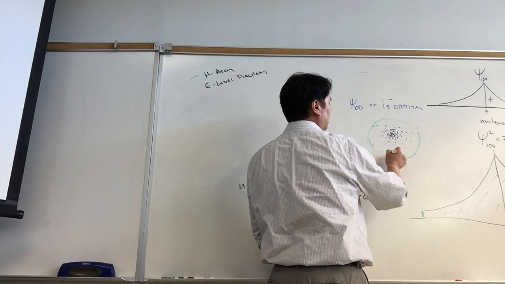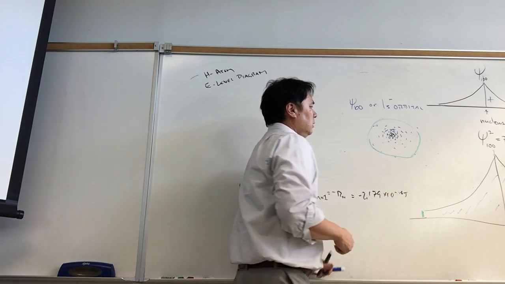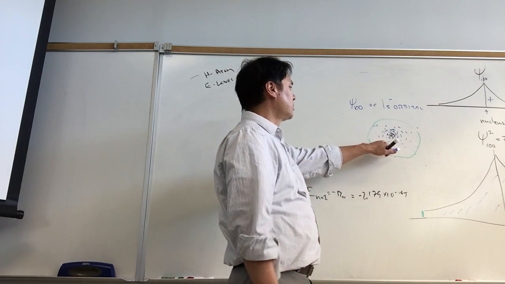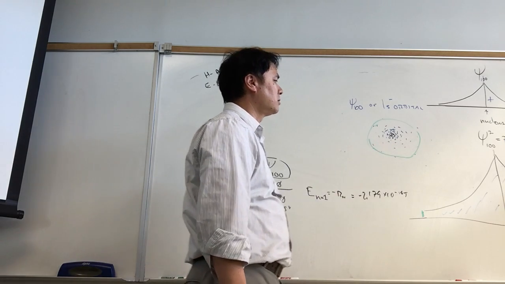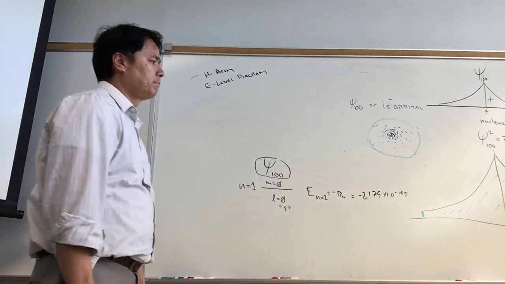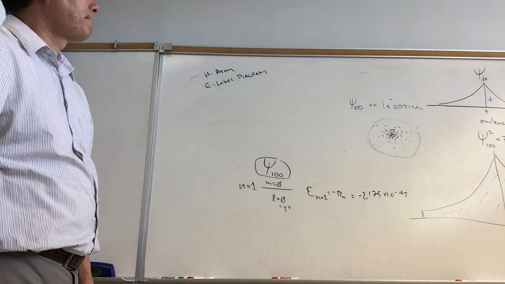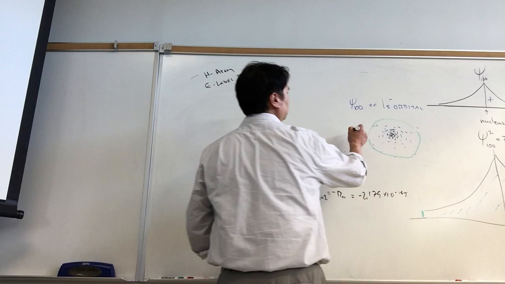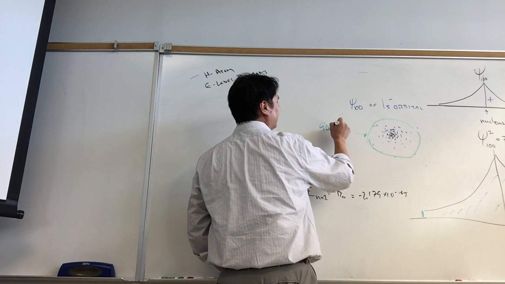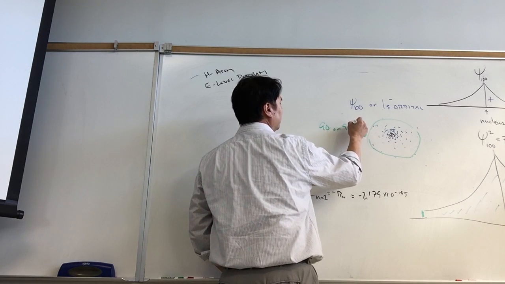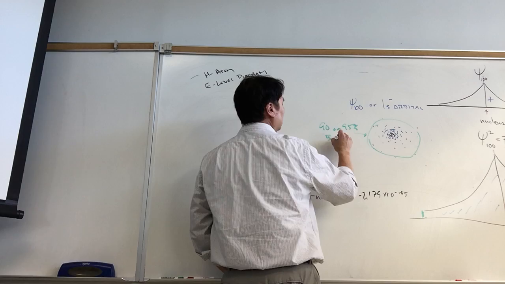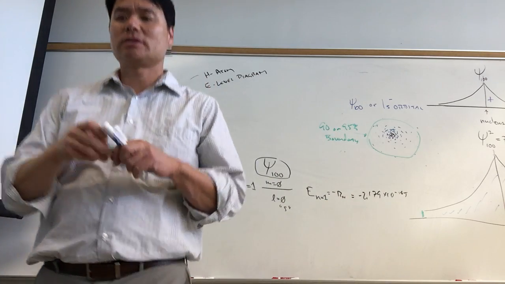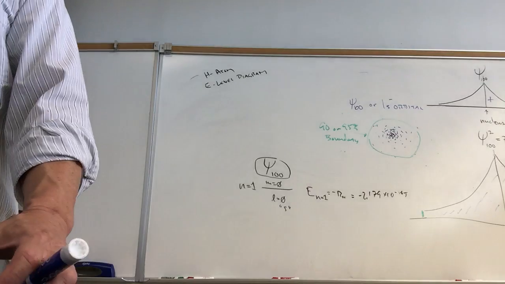It's just a border in which 90% of the dots are contained and 10% of the dots are outside. We'll just call it a 90 or 95% boundary, which gives us an indication of the size of the orbital.